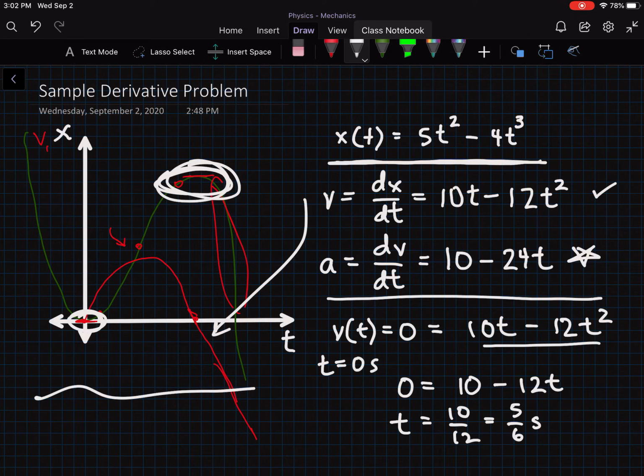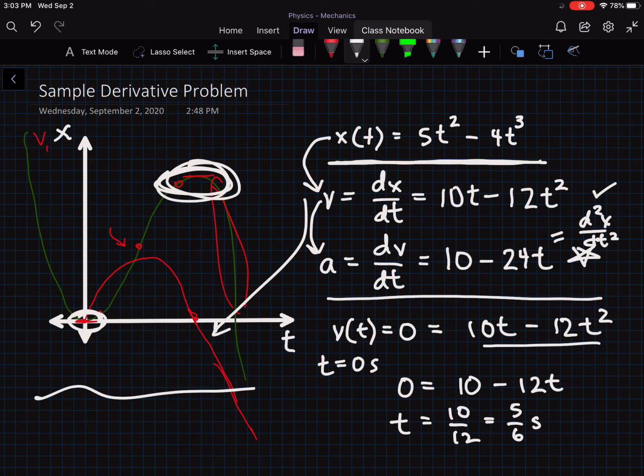That's effectively what you're doing when you go from x to v, and from v to a. So a is also the second derivative of x with respect to time. That'll tell us about the concavity. If it's positive, we're concave up. If it's negative, concave down, and we're at a maximum.